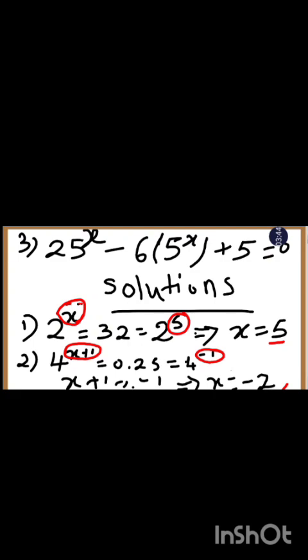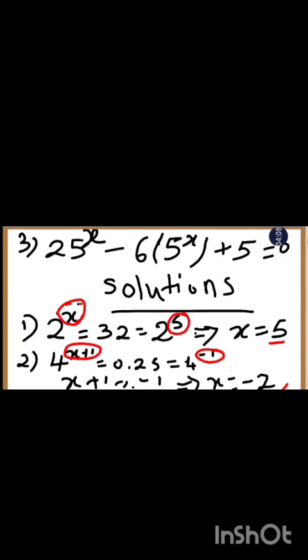When you're talking about indices, we are looking at the base and we are looking at the power. So if you have already written the number in index form and the bases are the same, we can conclude that the powers must be the same when we are solving that. So x equal to 5.